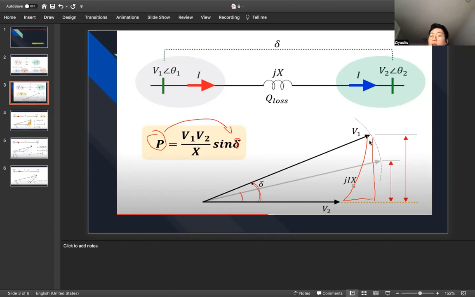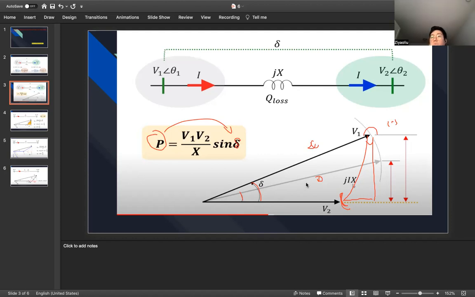We say this is cosine and this is sine. You can see this is number 1 and this is number 2, and the magnitude of P is different depending on the angle.